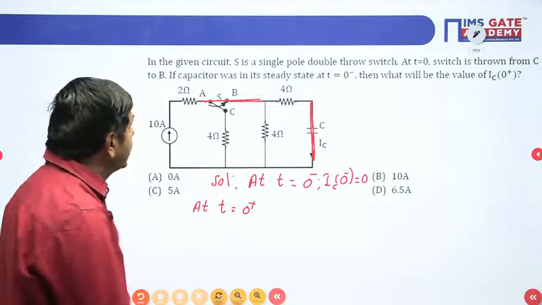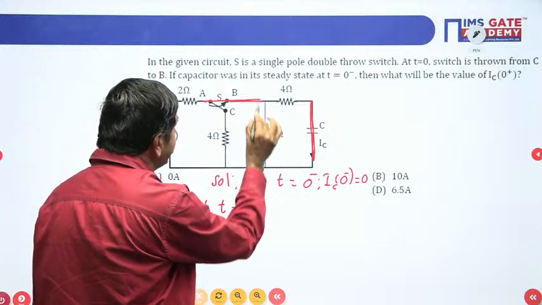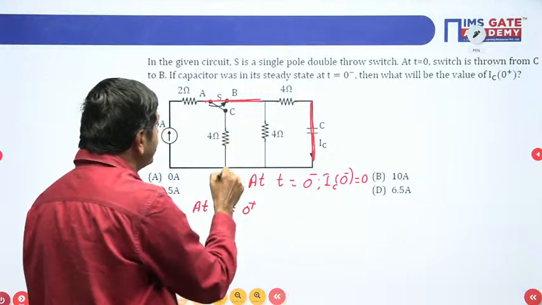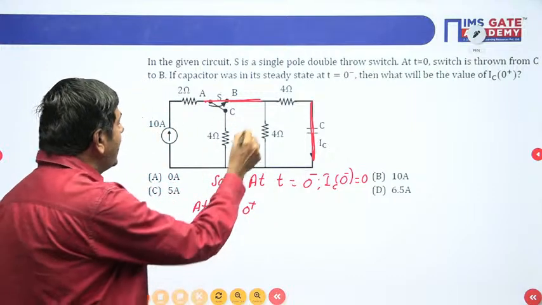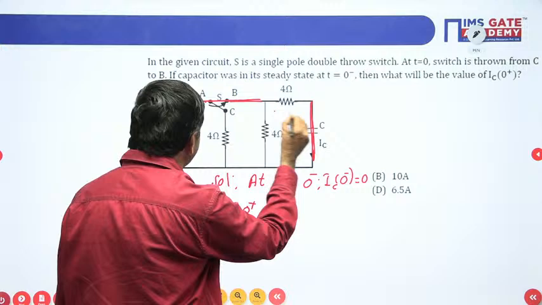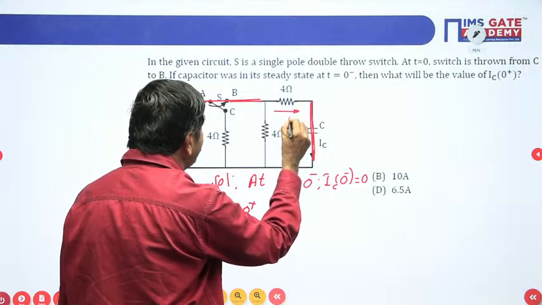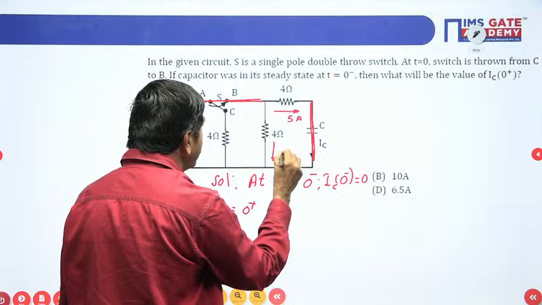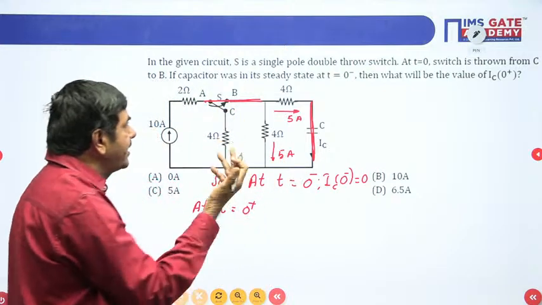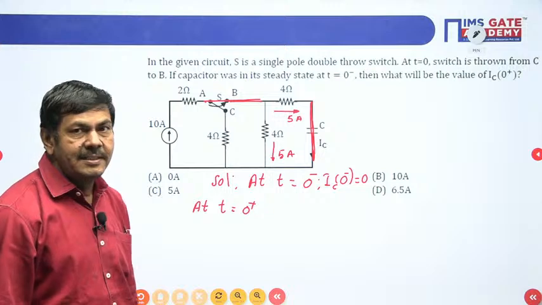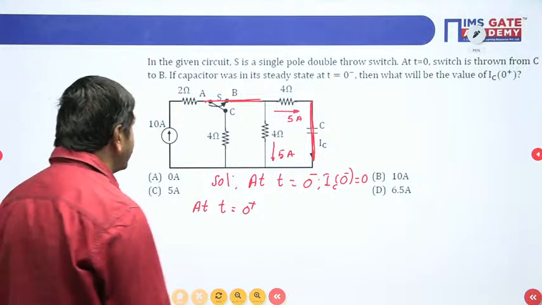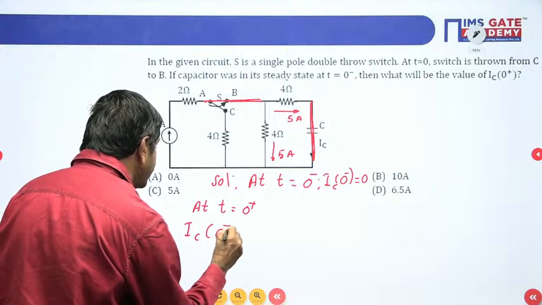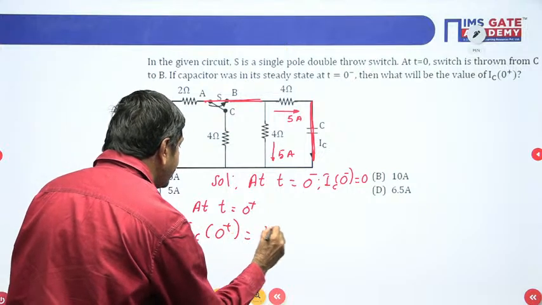The 10 ampere is diverting across the 4 ohms and 4 ohms only. No current passes across this 4 ohm. These two are 4 ohms, so this side current will be 5 amperes, and this side current will be 5 amperes only, because it is not diverting any current this side. I can write directly IC of 0 plus is nothing but 5 amperes.